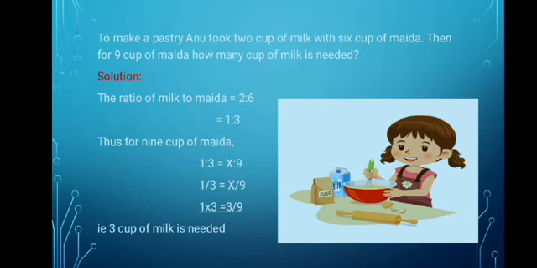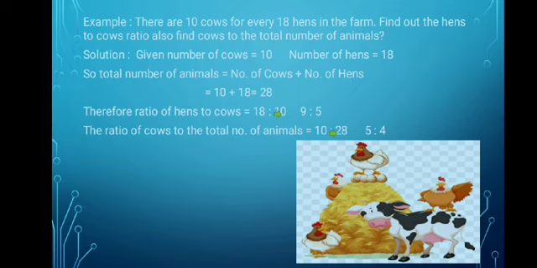Thus, for 9 cups of maida, 1 is to 3 is equal to x is to 9. 1 by 3 equal to x by 9. So 1 by 3 equal to 3 by 9. Therefore, 3 cups of milk are needed. Now move to the next question.